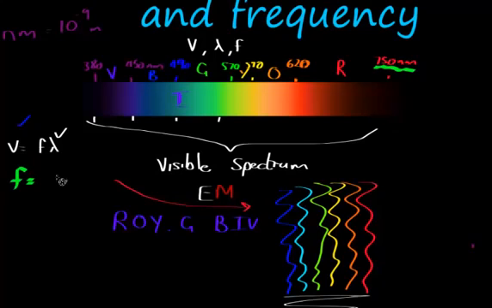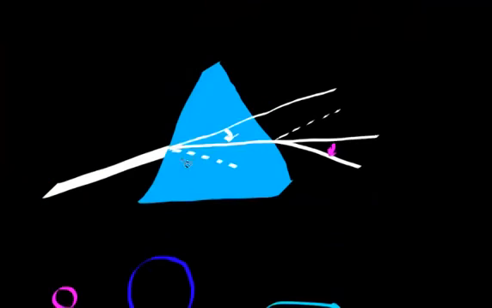Frequency is equal to velocity divided by wavelength. So when wavelength increases, the denominator increases, the frequency decreases. So the longest wavelengths are the red, which means they have the lowest frequency. The frequency for red is lower than the frequency for blue.